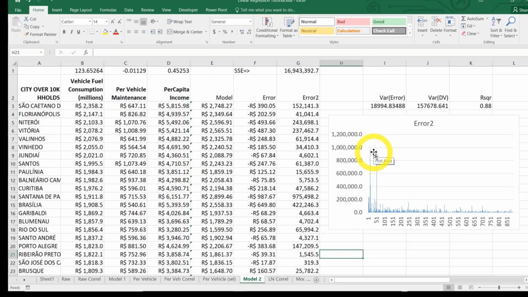There are a few, more than a few, observations with very large values for the dependent variable. And because of that, they tend to produce large errors. And when you square them, the squared error is going to be even bigger. And because of that, when we try to minimize the sum of squares, Solver is going to pay a lot more attention to those big errors.